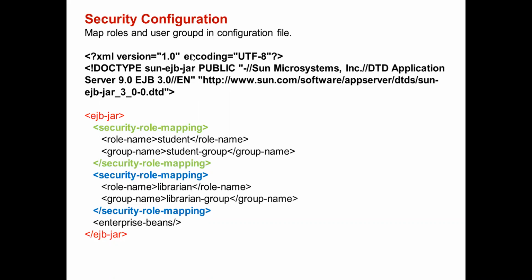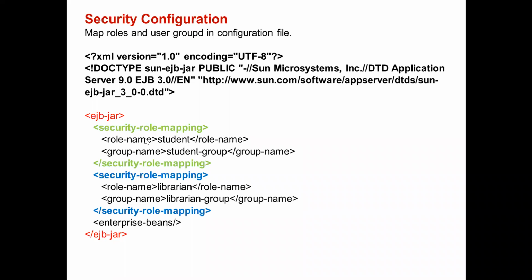This is a standard built-in syntax we have to write in the XML version. In that case, I have to write the ejb-jar file and close the ejb-jar file. In that case, I have to write one for the security role mapping and the other is the enterprise bean.